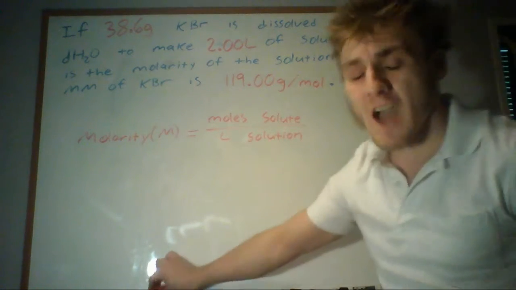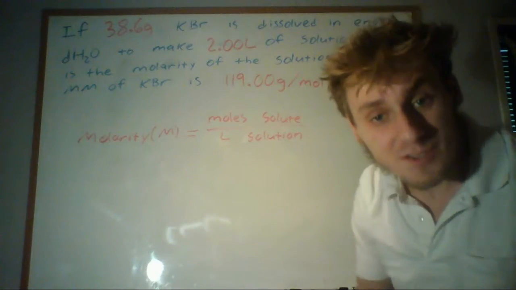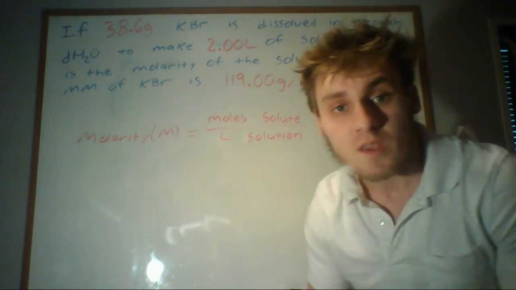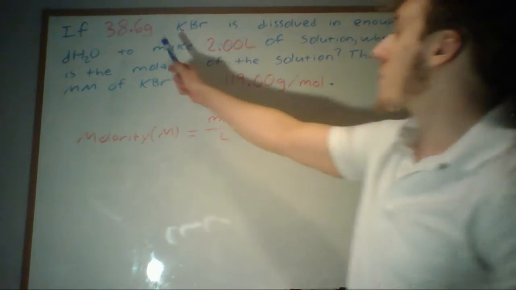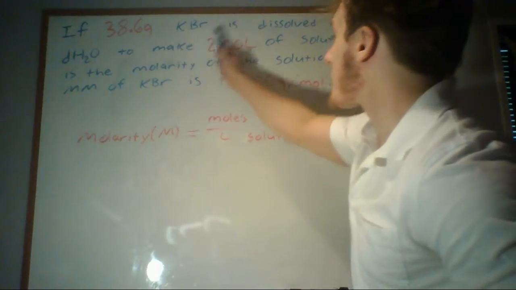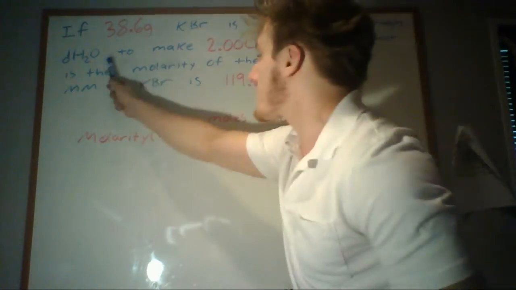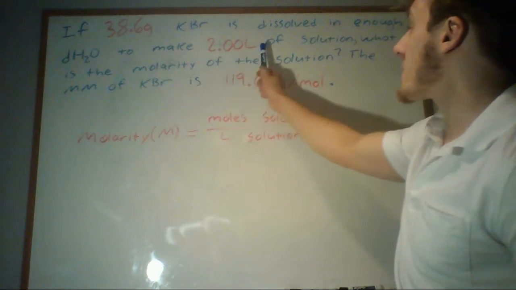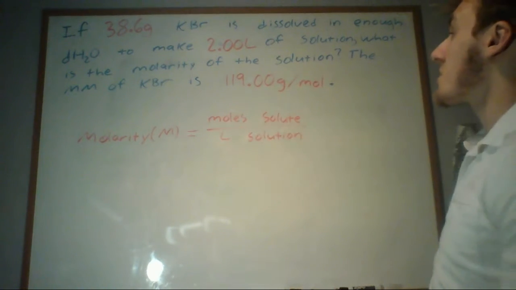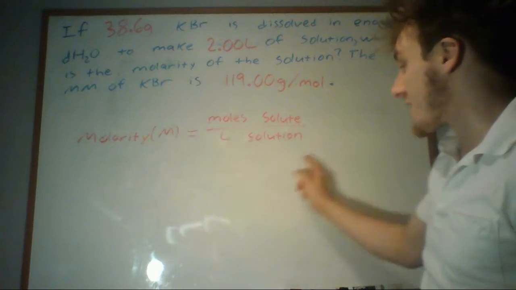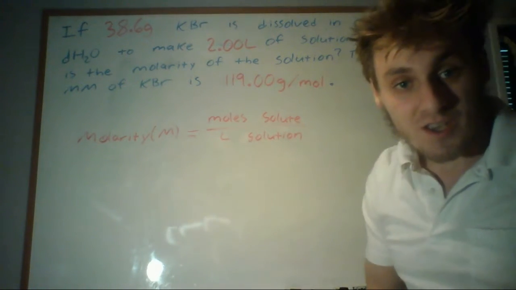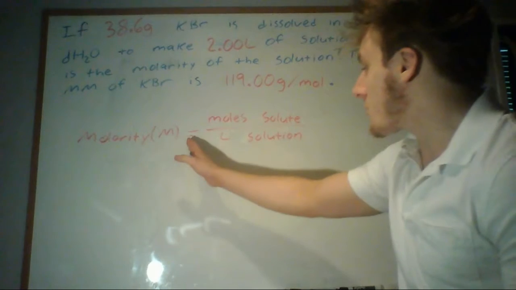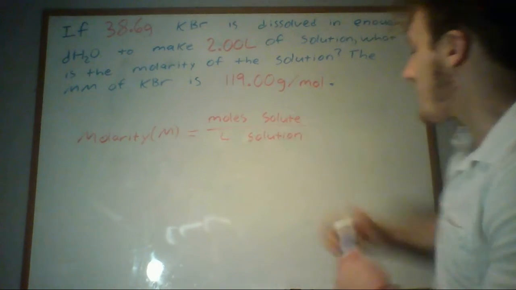Now, do we have either one of these numbers given to us in the problem? Well, let's see. We're going to dissolve some amount of potassium bromide in deionized water to make 2.00 liters of solution. So it looks like we actually have this denominator term here. So we can say molarity equals moles of solute divided by liters of solution.